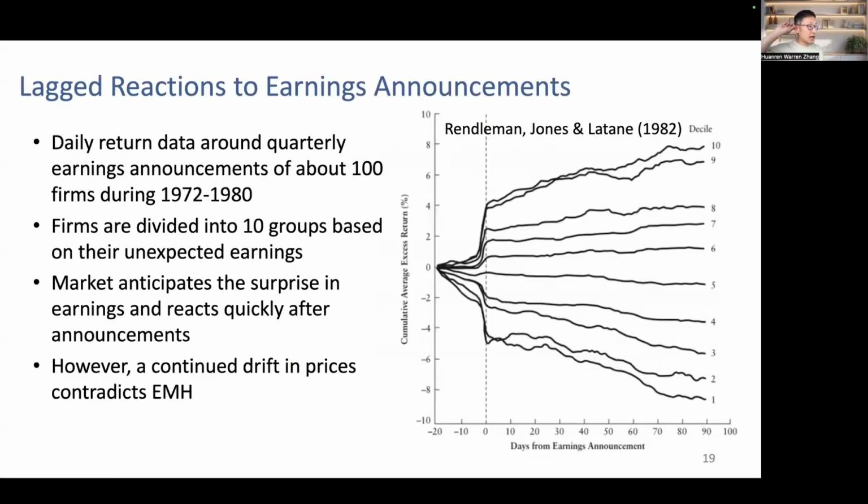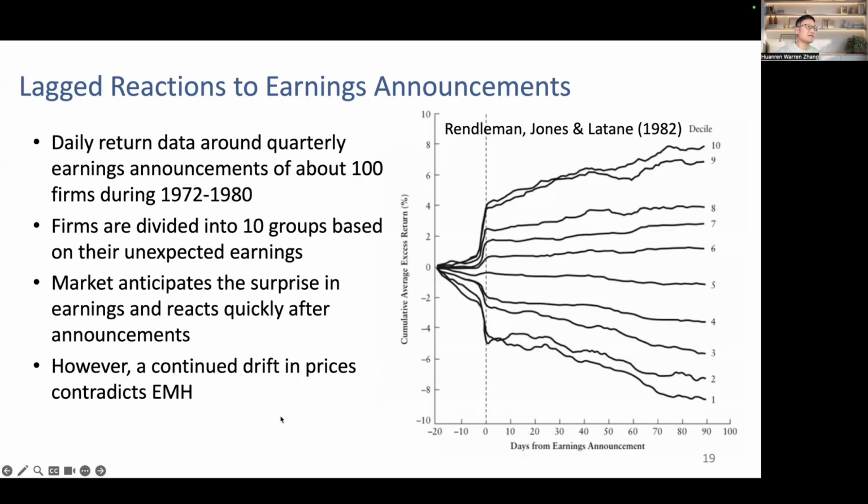Here is an illustration. The x-axis represents the days from earnings announcement. The y-axis represents the cumulative average excess returns, which we have defined before. Right? The daily return data around quarterly earnings announcements of about 100 firms are summarized in this graph, and the corresponding returns are across 8 years from 1972 to 1980.